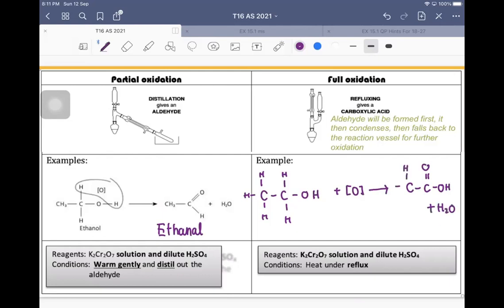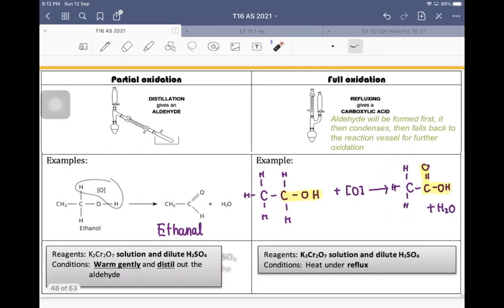Okay, so what happens here? You are gaining oxygen and you are losing hydrogen. Okay, so if I just highlight the functional group, notice that the other parts of the molecule do not get affected, okay? It stays unchanged.